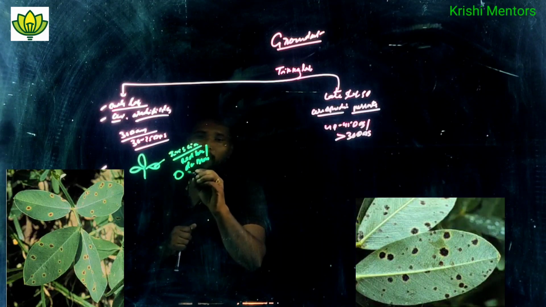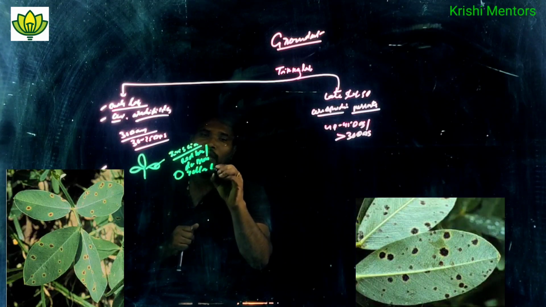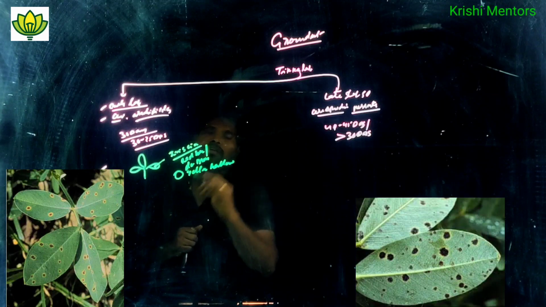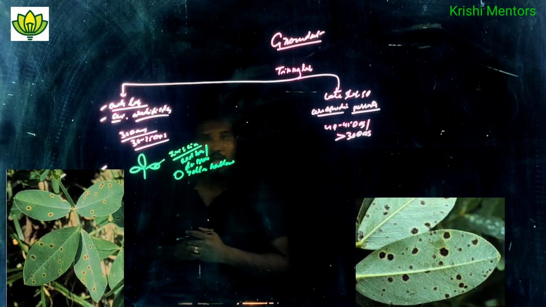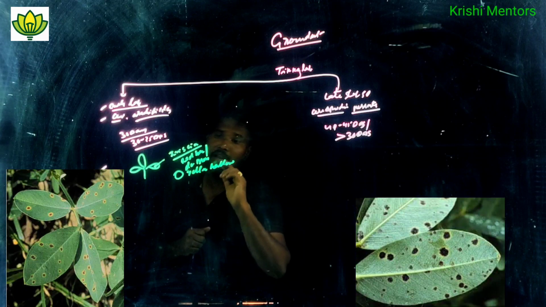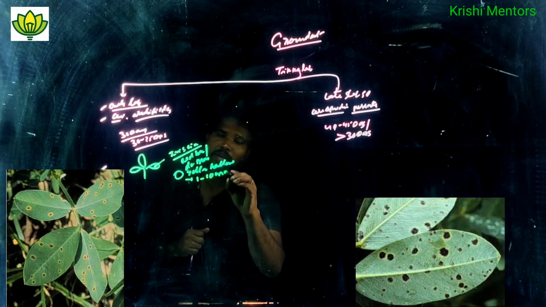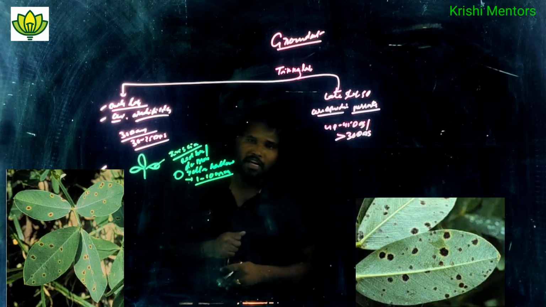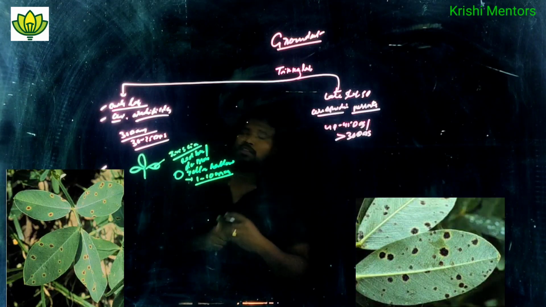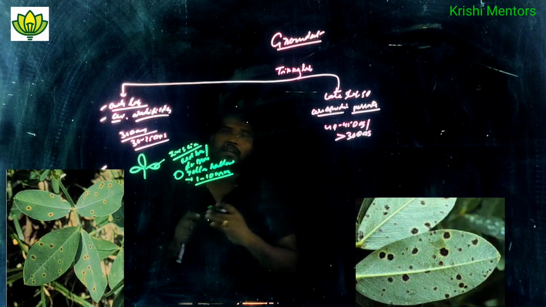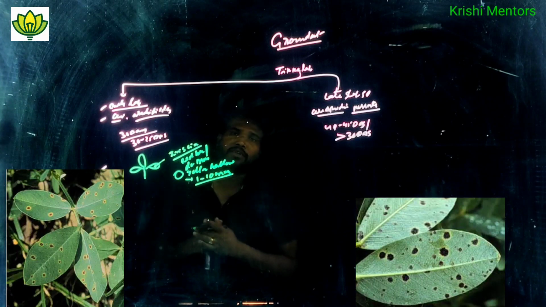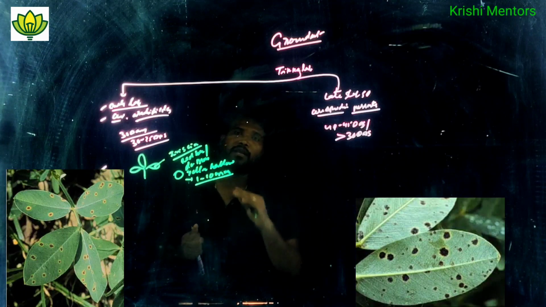The spots are surrounded by a yellow halo, you remember. The size of the spots is generally 1 to 10 mm in diameter. Then these spots enlarge and spread to the entire leaf, stem and petiole, and finally the plant will die.